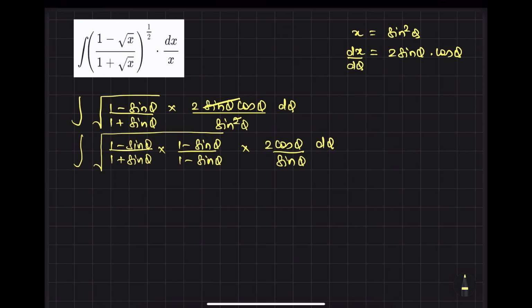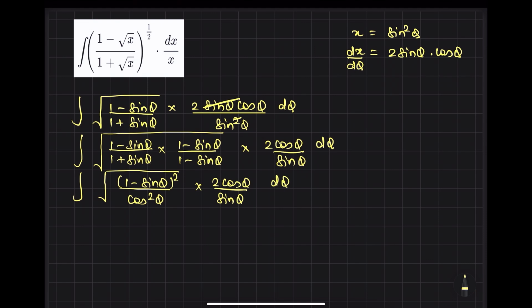Now you know that the denominator will become what? 1 square minus sin square, which is cos square, and I'll be writing (1 minus sin theta) whole square upon cos square theta, correct? And then 2 cos theta upon sin theta d theta.